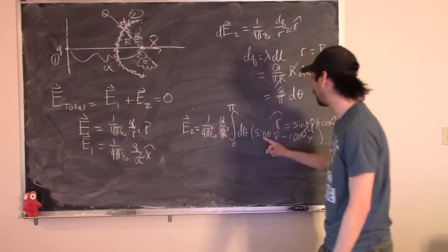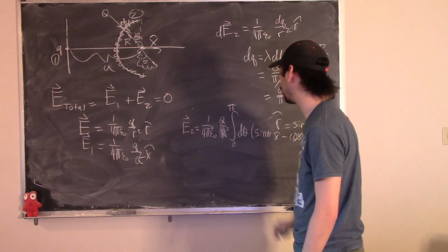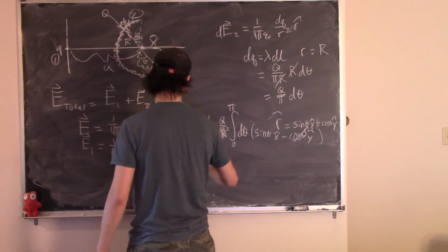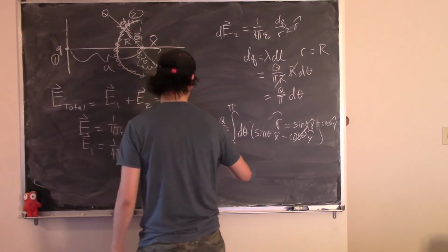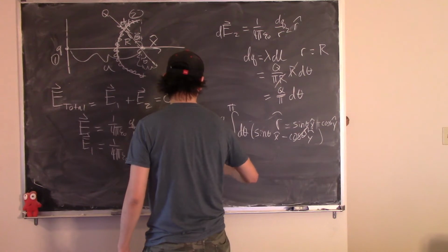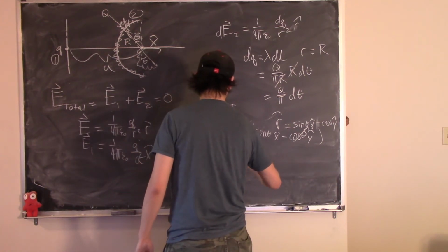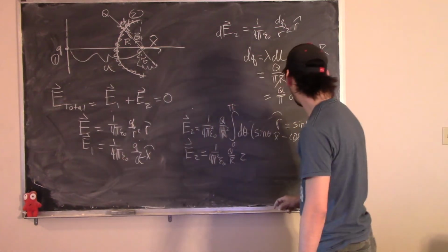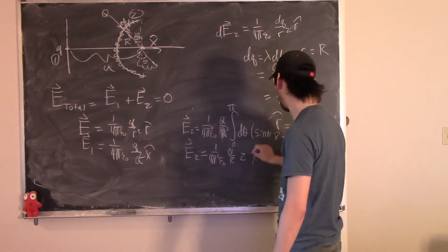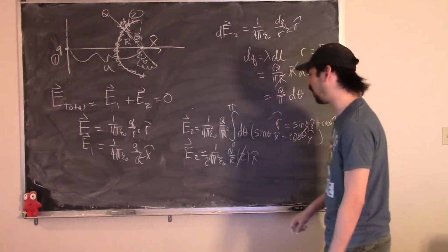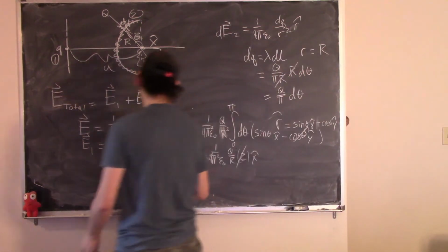I don't want to spend too much time on the calculus, but this is just going to give me a factor of 2. So E vector 2 is going to be equal to 1 over 4 pi squared epsilon naught q divided by r squared times 2 x hat. This will cancel one of the 2's from the 4. And then when I add these together, they need to be equal to 0.